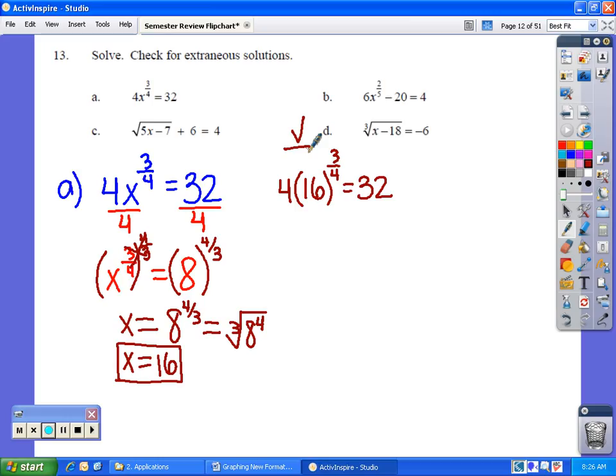So right now, check it, put it in your calculator and see if it works. Okay, so if you have parentheses around your 16 and parentheses around your 3/4, you should have gotten an answer of 32. And everything checks out.